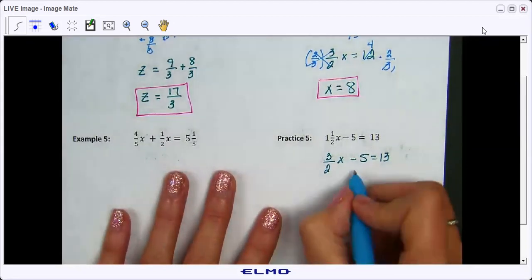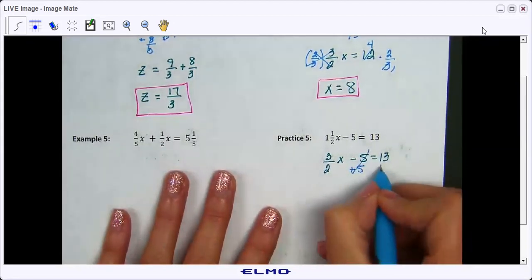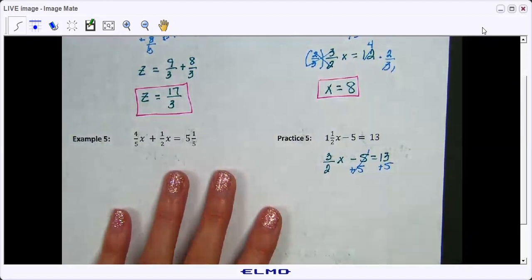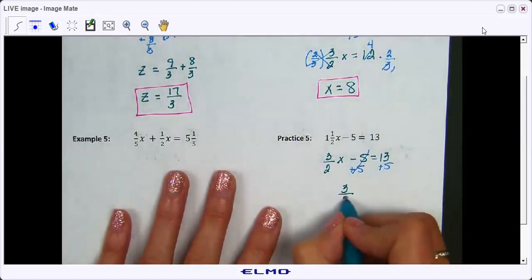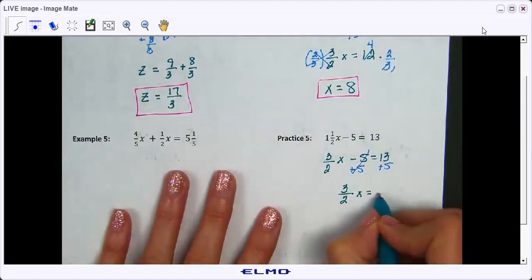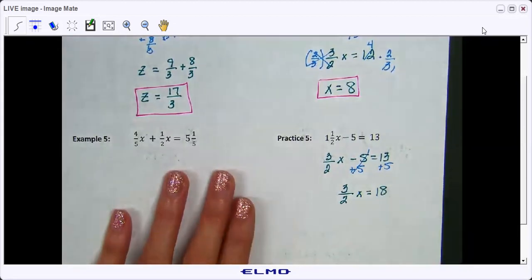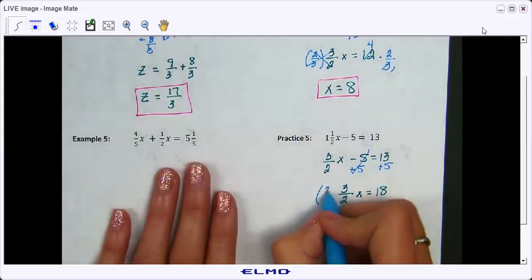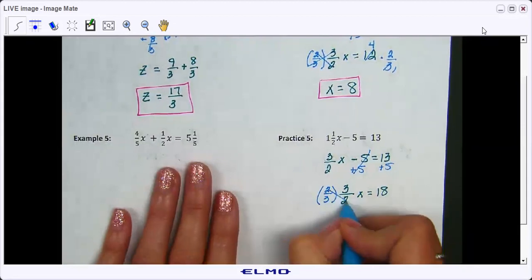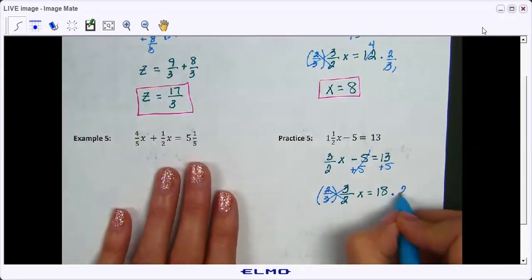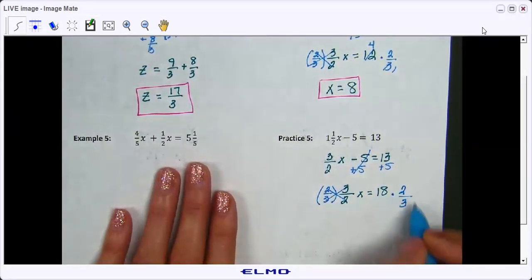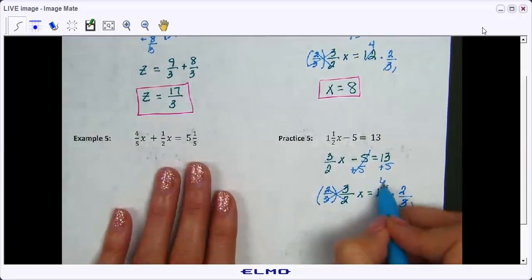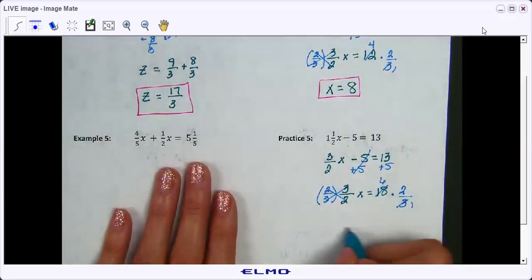Then I add 5 to both sides. Then I multiply by the reciprocal. Then I cross simplify. And x equals 12.